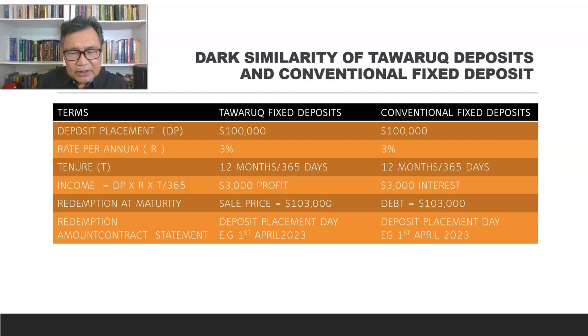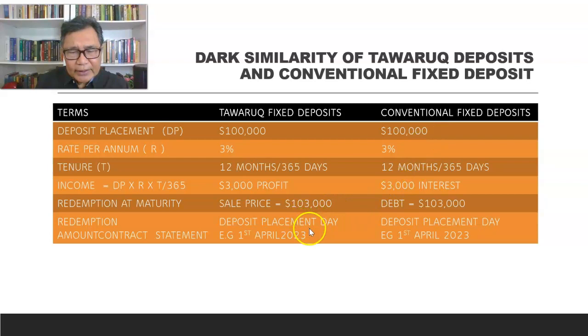How much the depositor will redeem at maturity will be 103,000, which is the sum of the placement plus the profit. Likewise, for conventional FD, the depositor will get 103,000, the sum of the interest income of 3,000 and 100,000 of deposit placement.